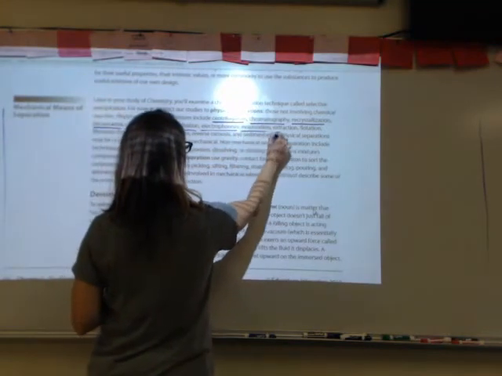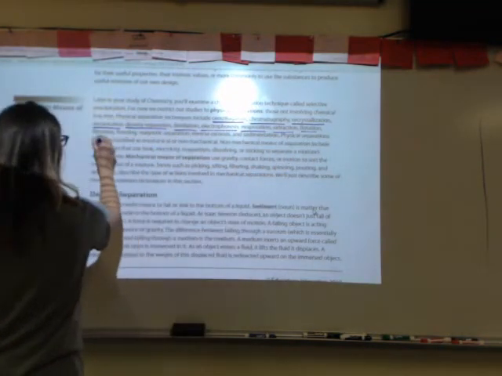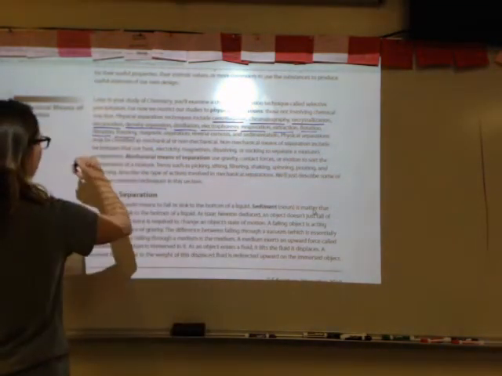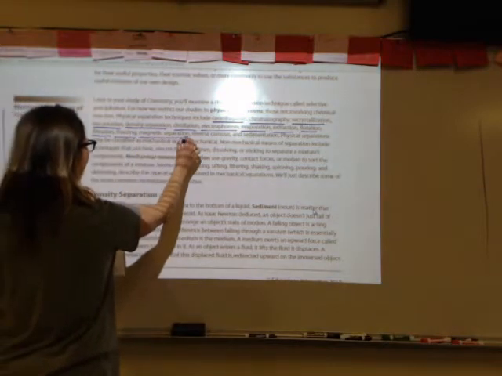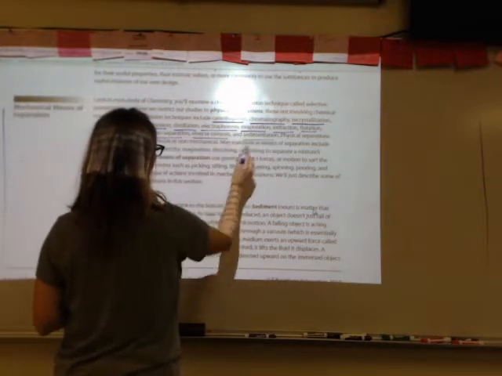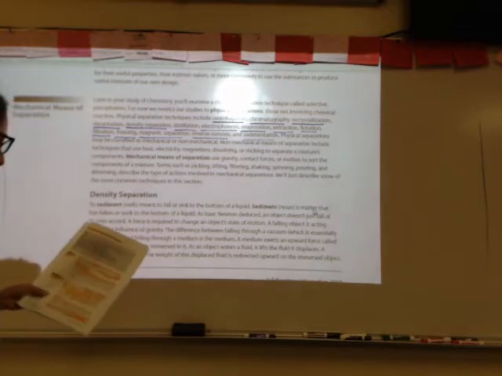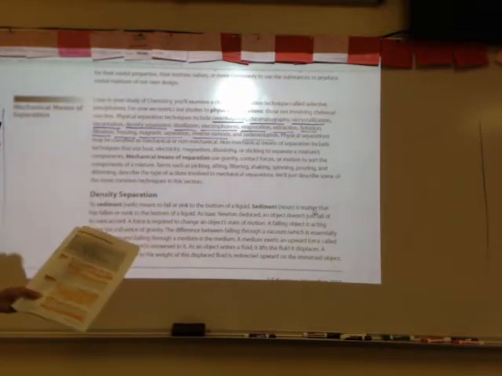Electrophoresis, evaporation, extraction, flotation, filtration, we keep going. Freezing, magnetic separation, reverse osmosis, and sedimentation. These types of separations can be classified as being mechanical or non-mechanical.